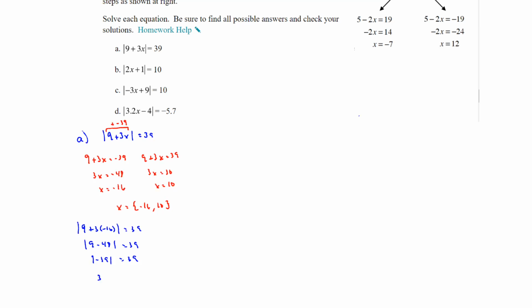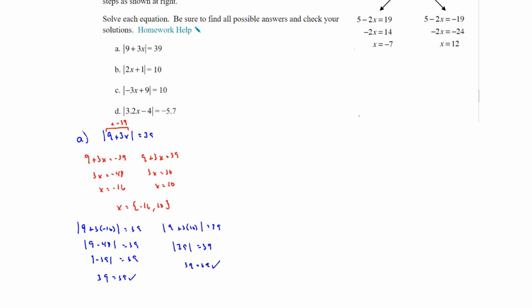And the absolute value of negative 39 is 39. So that checks. And then you can also plug in 10. 9 plus 3 times 10, and that's 30 plus 9. So that's 39. The absolute value of 39 is 39. So once again, it does check.